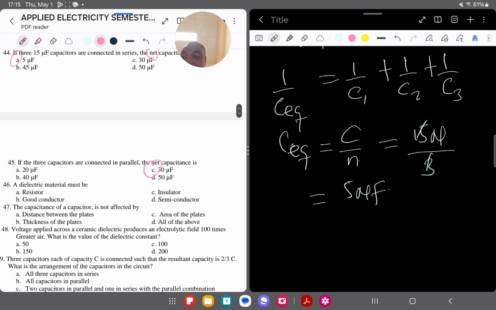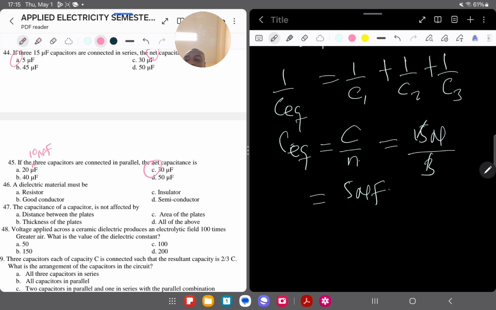If the 3 capacitors are connected in parallel, the net capacitance is... here there is a mistake with this question. So, in order to make sure that the answer is among the possible answers there, I'll make it 10 microfarad.